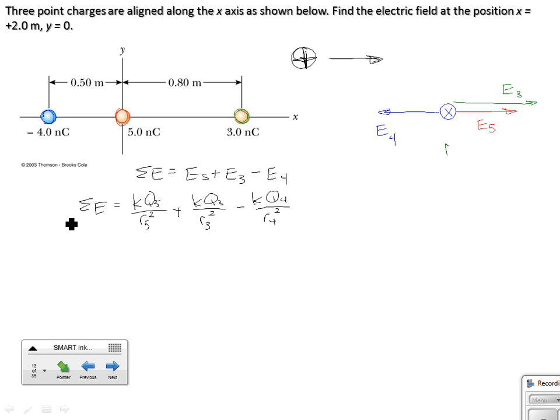If you want, oops, don't write the K again. I'm factoring out that K. Don't divide it out, factor it out: Q3 over R3 squared minus Q4 over R4 squared. I'm going to pause while I calculate.